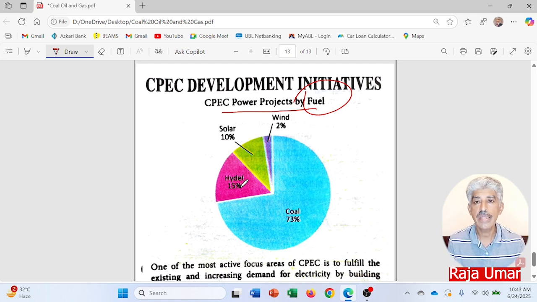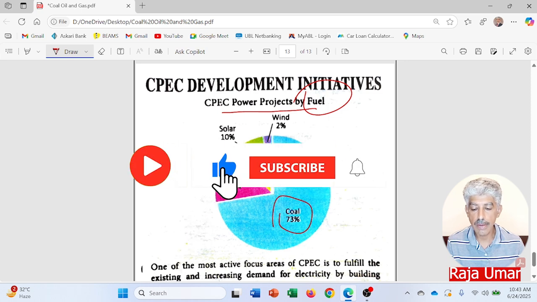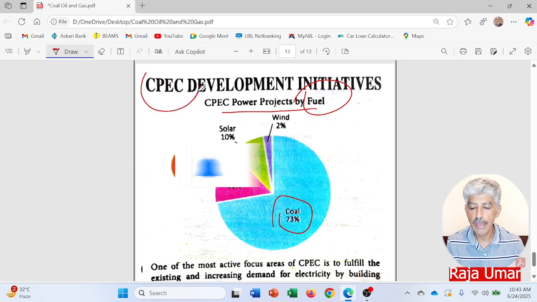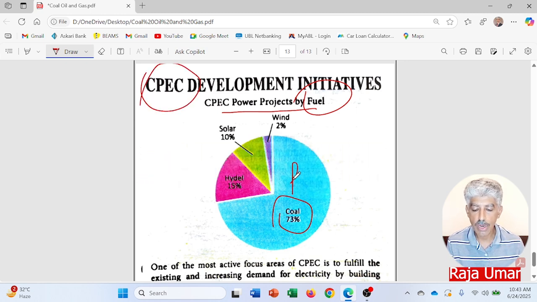They are 9 in different parts of Pakistan, connecting all those industrial zones with that railway and road route of CPEC. Alongside, they are also planning certain power projects, so that the industries established alongside the CPEC route have sufficient power to run. They are going to establish coal-burnt thermal power stations as per the CPEC project, which would be 73% of the total power production through CPEC projects.